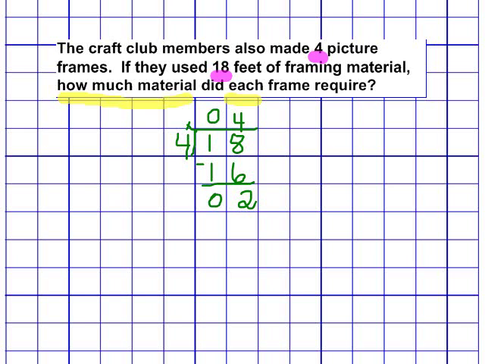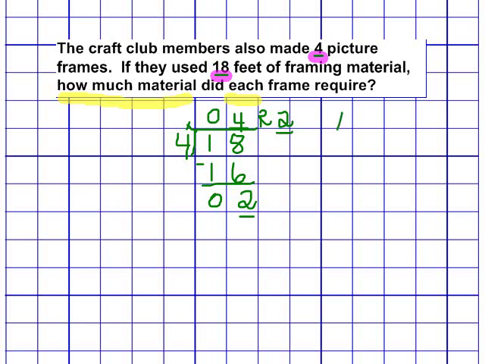The question then becomes, how will I interpret the remainder of 2? I will go back to the problem and see that all 18 feet of material was used in order to make 4 picture frames. So this remainder of 2 will also need to become a part of the answer. And as we have learned a few weeks ago, we can change this information, the quotient 4 and the remainder of 2, and turn it into a mixed number.